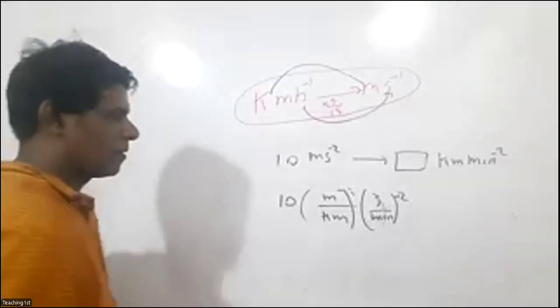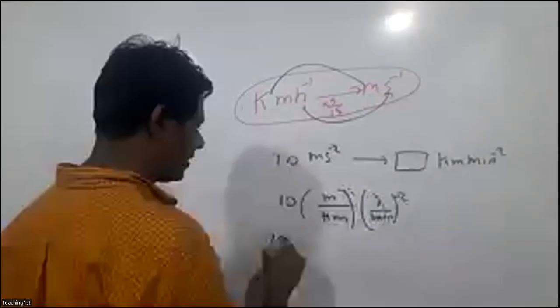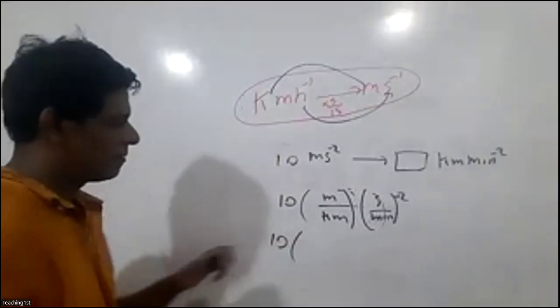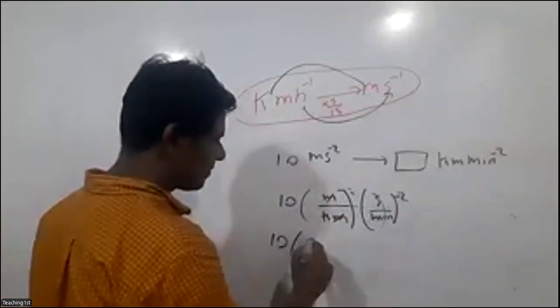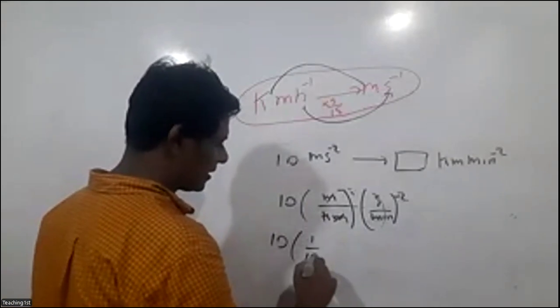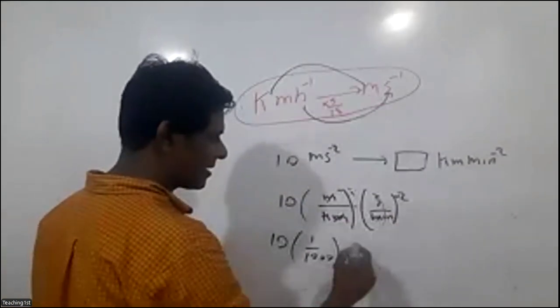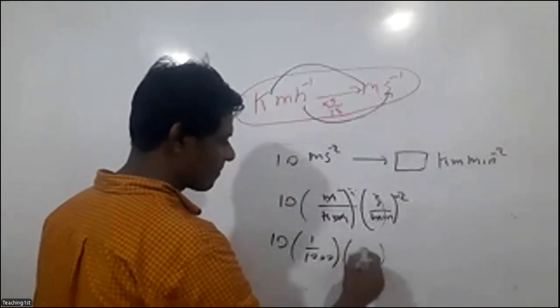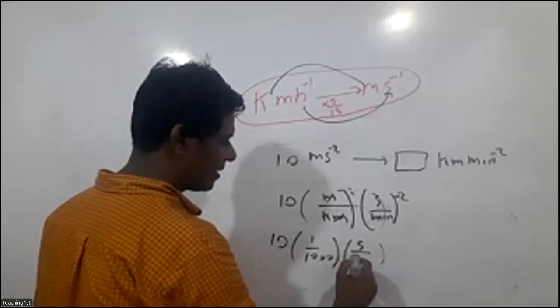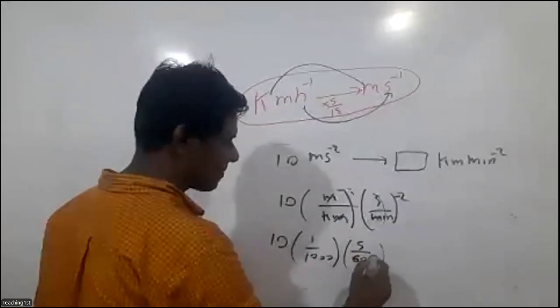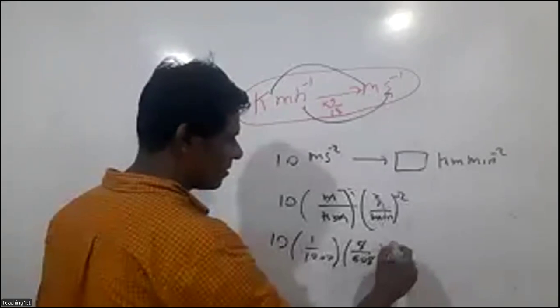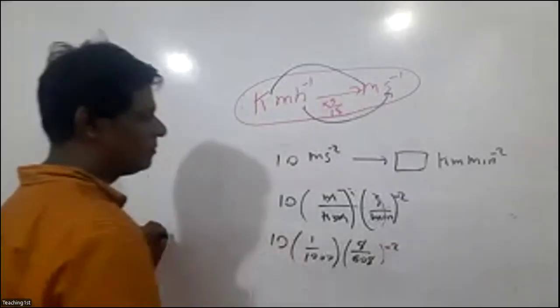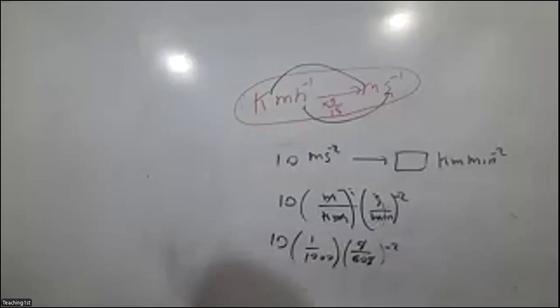Minus 2. So 10 times meter and meter cancel off. 1/1000. Here it is seconds to minute. I told you the way. 60 seconds. Cancel off. Minus 2. Right.